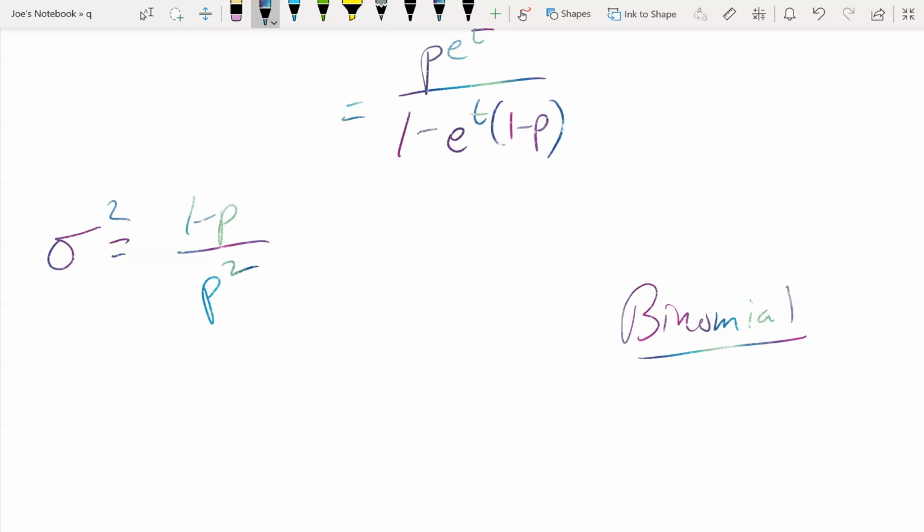Literally, the first page of your exam will have blanks to fill in. It'll say PMF, and you'll write the PMF. It'll say mean, you'll write the mean. It's not hard. You just have to memorize it. For binomial, your moment generating function is 1 minus p plus pe to the t, to the n.